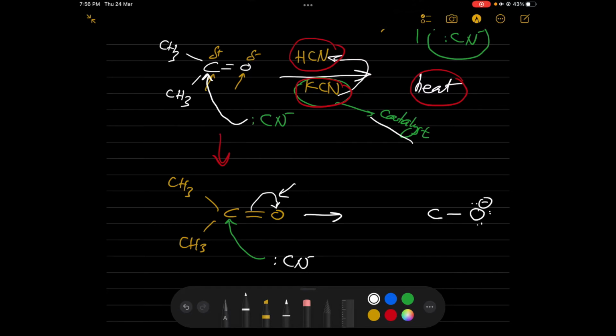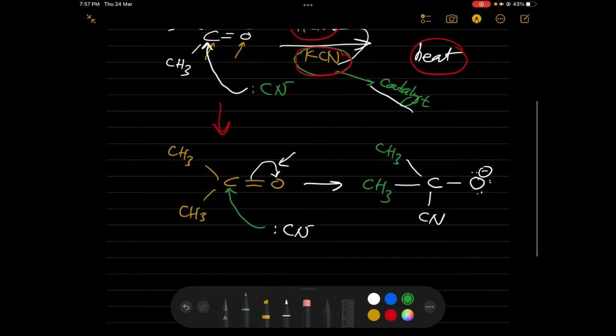And here we have another bond that is formed, which is CN. Remember that once the CN is bonded to an alkyl group, or let's say an organic molecule, it's called a nitrile. In this case, we can say that we have a nitrile group. Okay, this is nitrile.